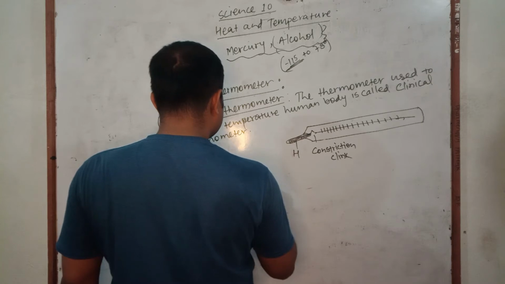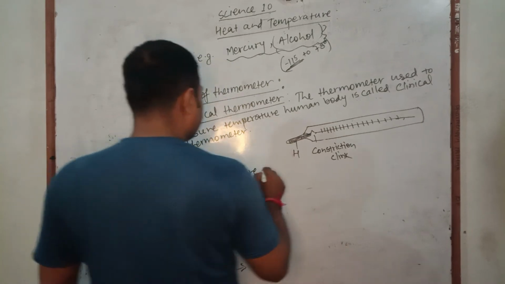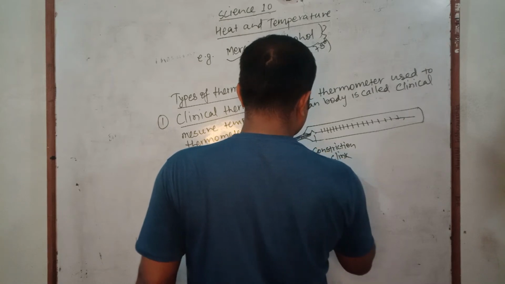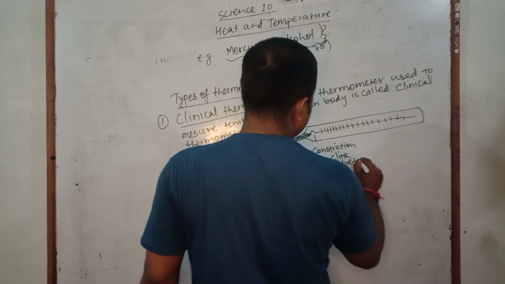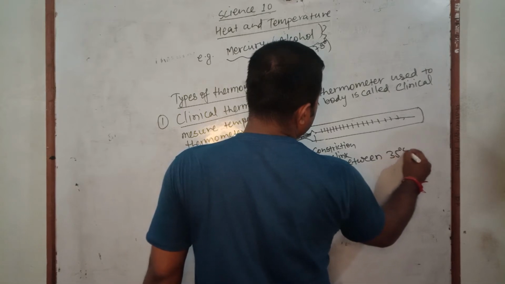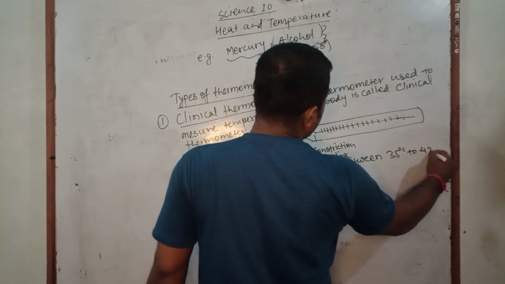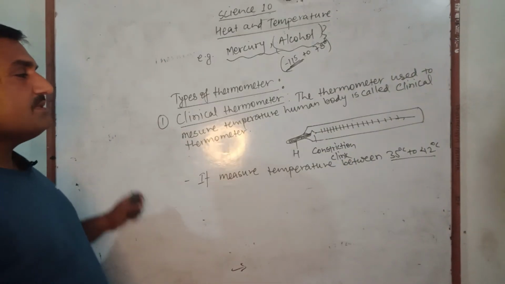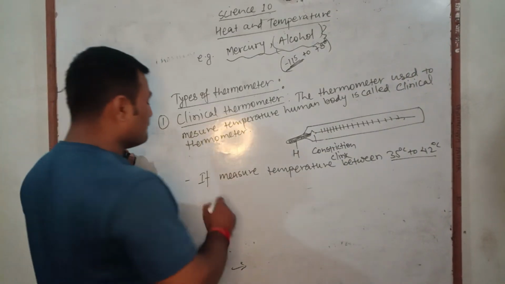It measures temperature between 35 degrees Celsius to 42 degrees Celsius only. It means our body temperature varies between 35 to 42.